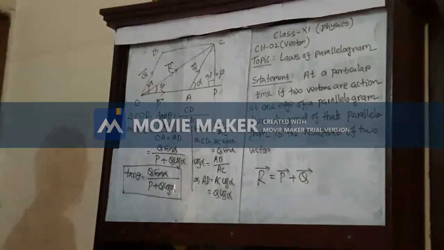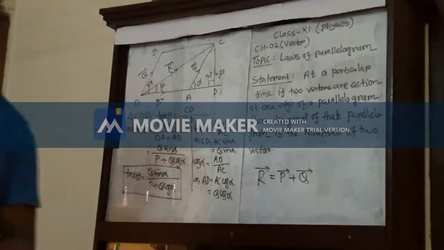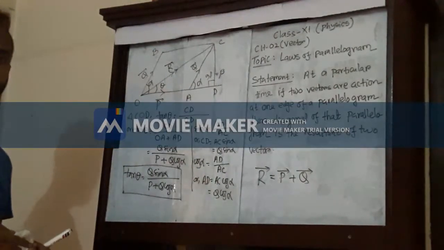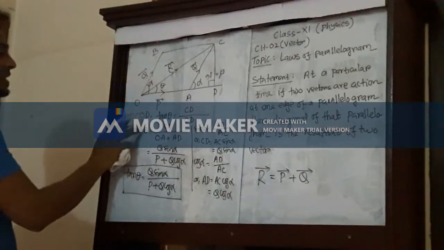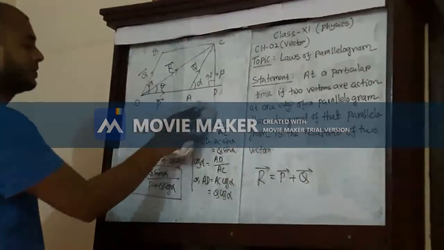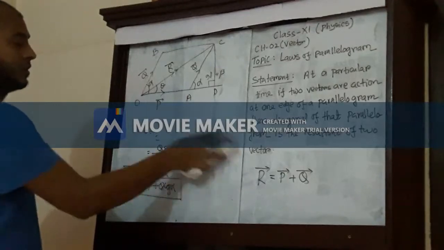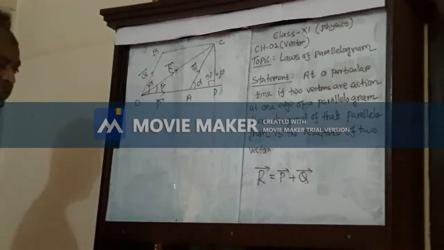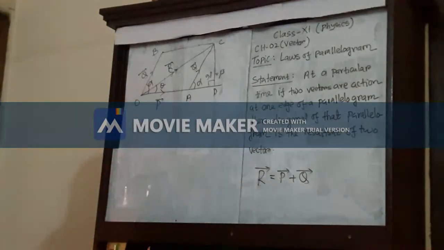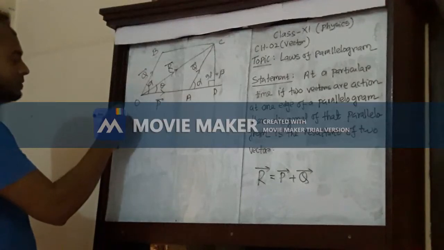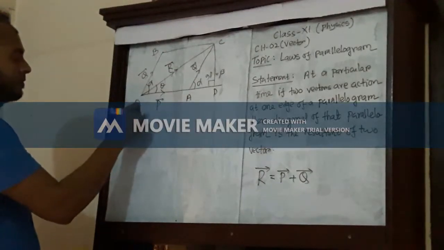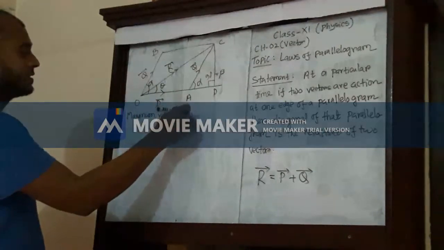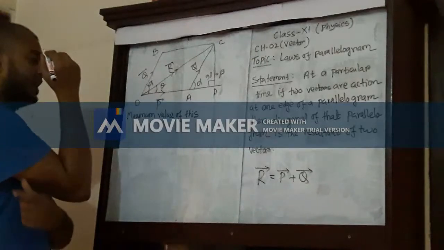Okay, now I'm going to find out what is the maximum value of the resultant vector, and then what is the minimum value of the resultant vector. So the maximum value of the resultant vector.